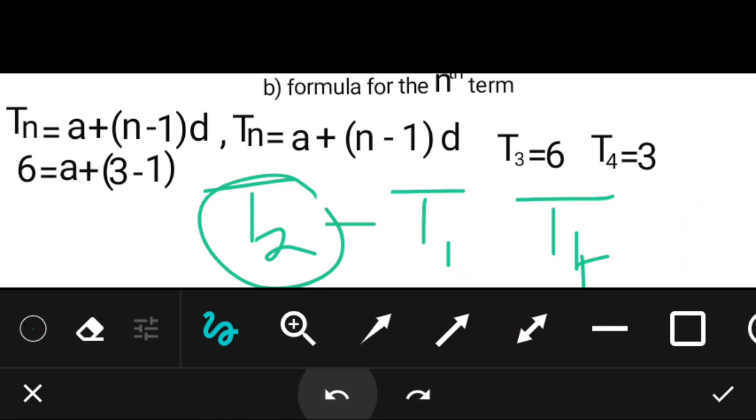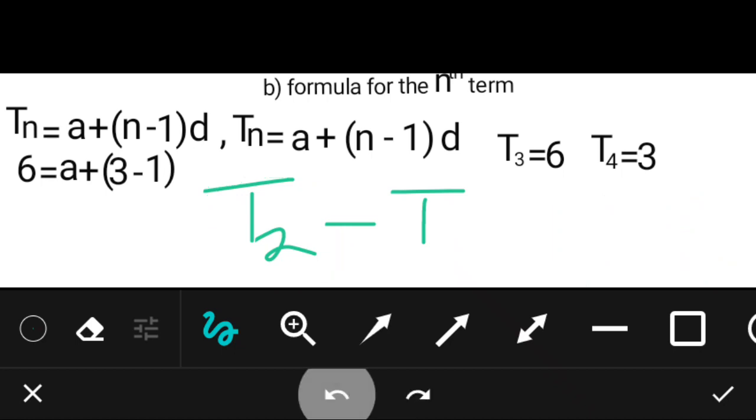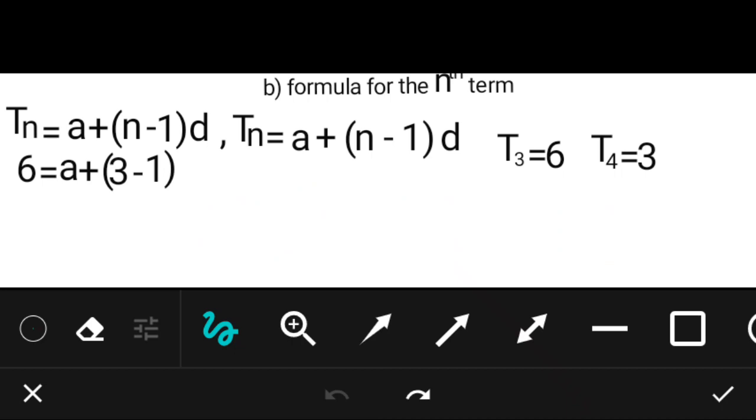Okay, so now here they are saying the third and the fourth terms are given. The third term was this one, which is 6, and the fourth term was this one, which is 3. So these terms are in a sequence.